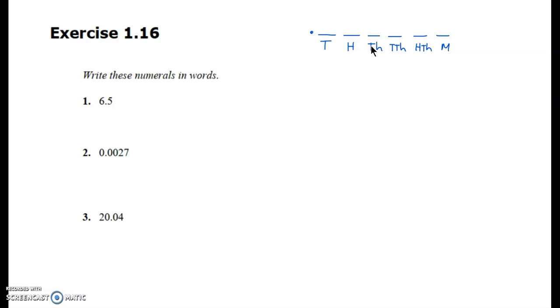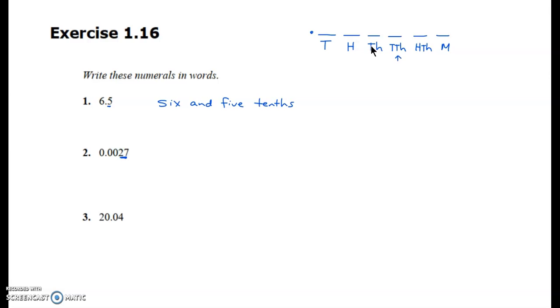So for number 1, I have 6 on the whole number side, and I have 5, and that 5 is in the tenths place. So I have 6 and 5 tenths. For number 2, I only have 27, but the 27 is way out here. It's in the 4th position.